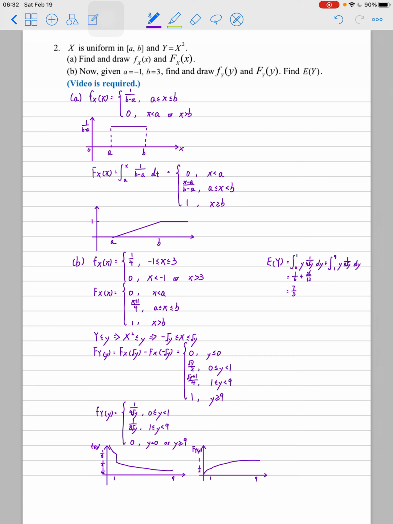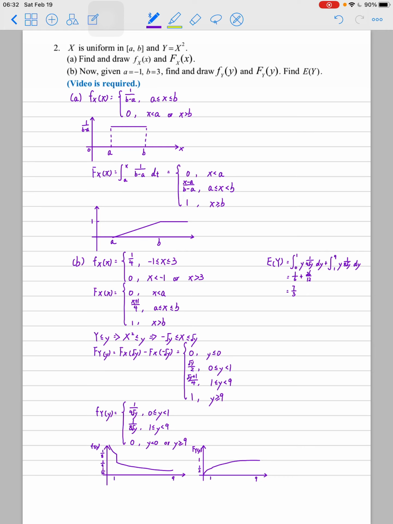And for part B, now given a equals minus 1, b equals 3, find and draw f_Y(y) and F_Y(y). So we can use a equals minus 1 and b equals 3.